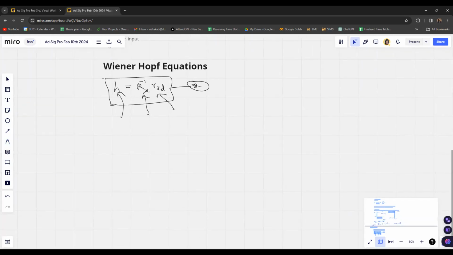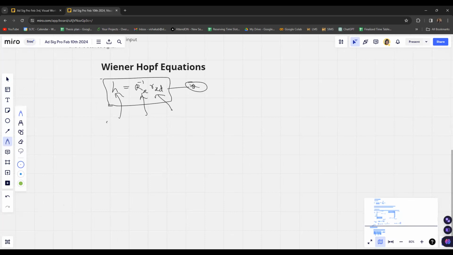So to find the optimal values of these filter coefficients, we are going to use alternative methods rather than using this equation, right? We do use the fundamental theory behind this equation, but finding the values of the filter coefficients can be done using some algorithms, and those algorithms have been proven to be correct.